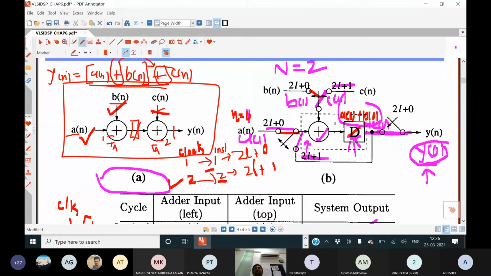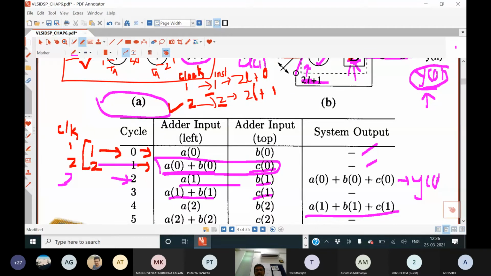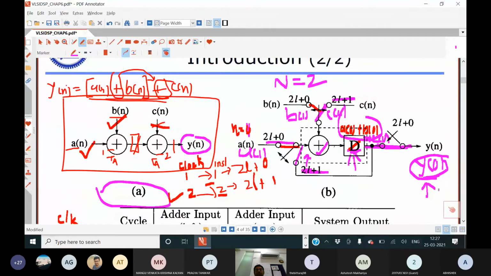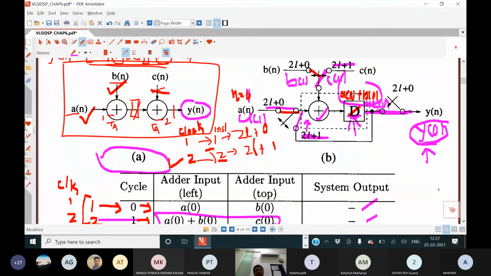That means computational time now increases by 2 times. So whatever Y0 was generated previously in 1 clock cycle, now it could be generated in 2 clock cycles. So Y0 will be generated at 2, then at 4 your Y1 will be generated. Similarly, your Y2 will be generated at 6, like that. Okay, so this way the output generation is possible.